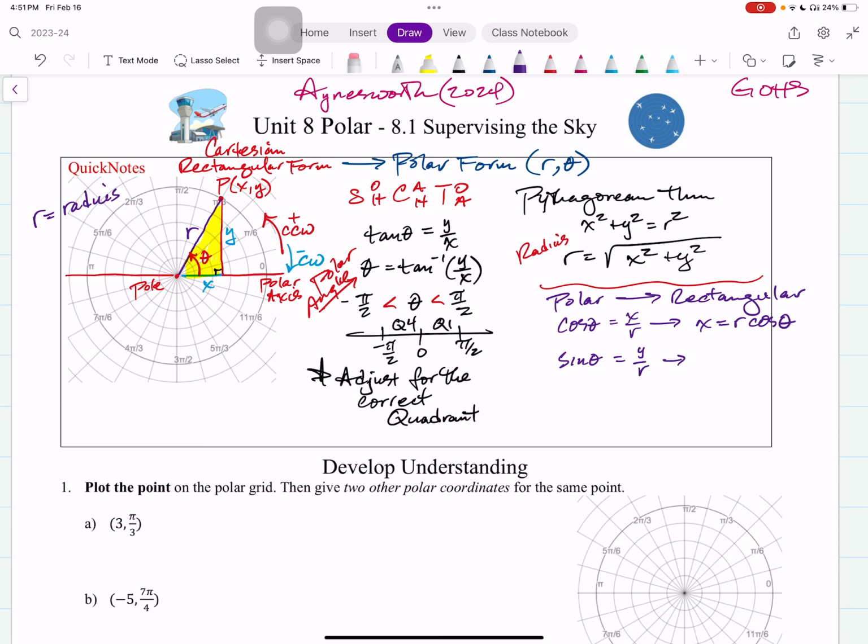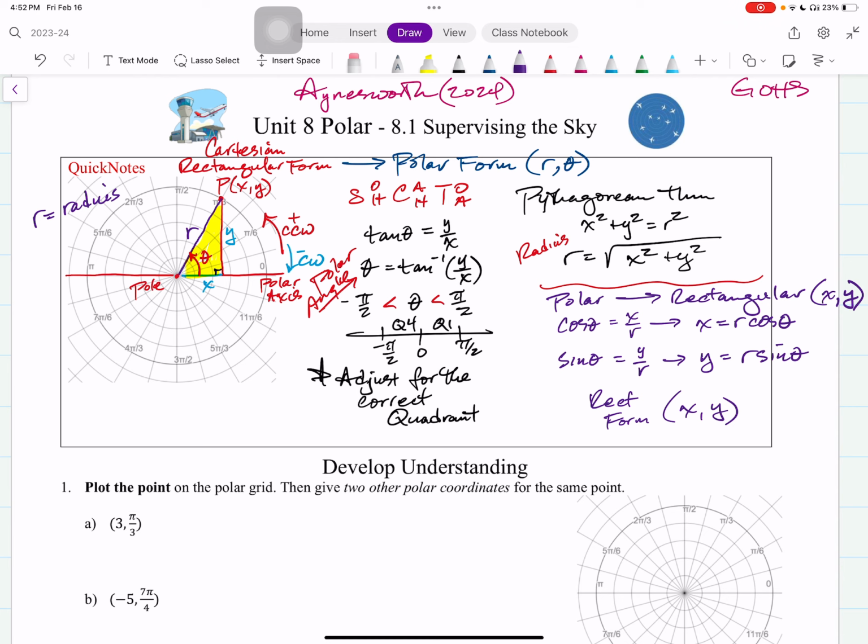And if you multiply both sides by the radius, you get the y coordinate is equal to r times sine of theta. So if you're going from polar form to rectangular form, you just use your basic definitions of sine and cosine to get those x and y coordinates. And then, of course, you express your answer in rectangular form, which is obviously x comma y. And it's that simple, right?